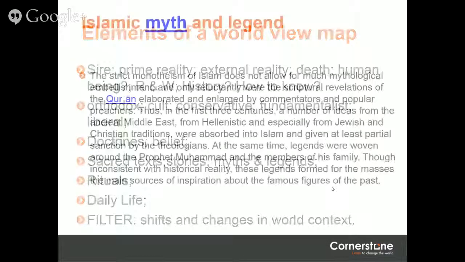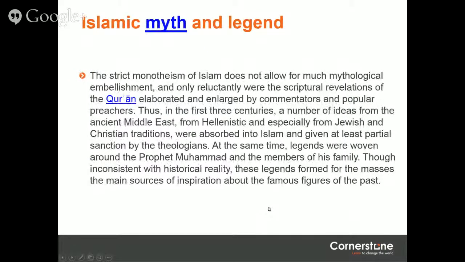So the input I want to give you is just that in Islam, there isn't much room for a mythological explanation. And that is because legends about the Prophet were actually woven in at the same time, and you will find a lot of these things that aren't proper historical stories.